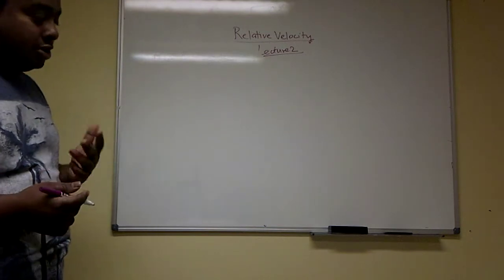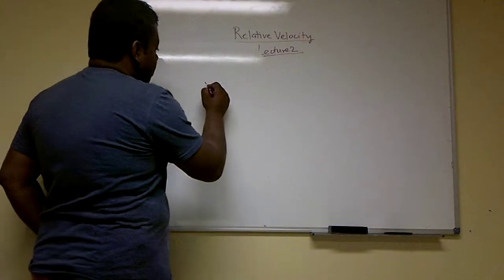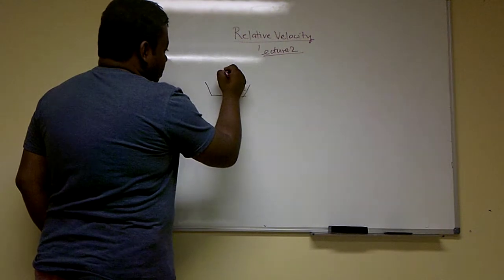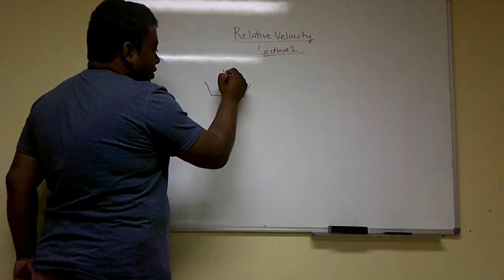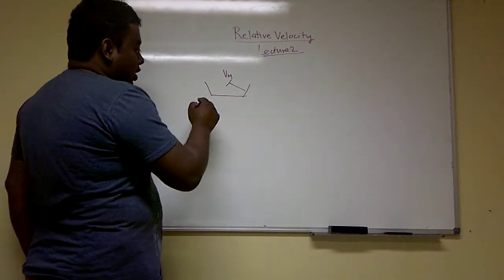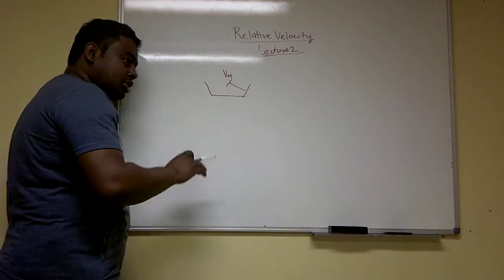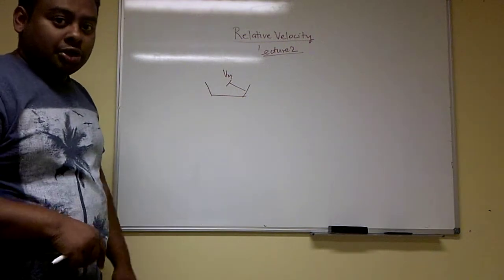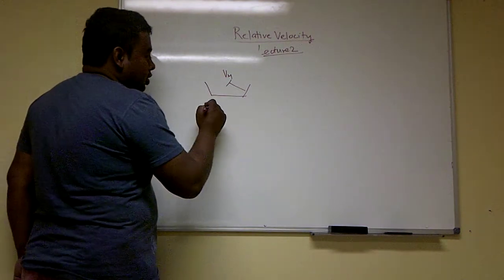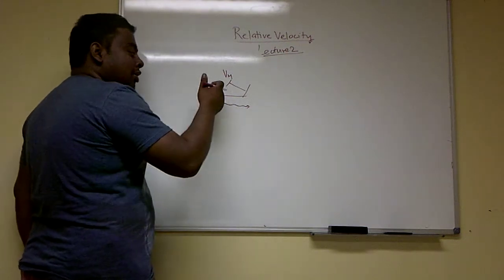So the first question talks about there being a motorized boat. Let's say the motorized boat's velocity is Vm. Now, the motorized boat's velocity is with respect to the water on which it is traveling, right? So if the water is flowing downstream, the boat will have a certain velocity.